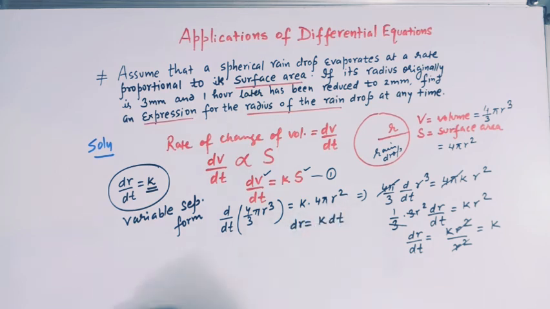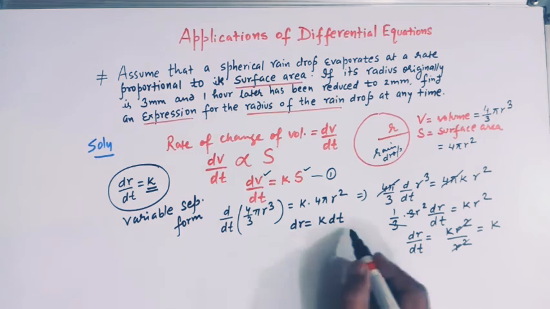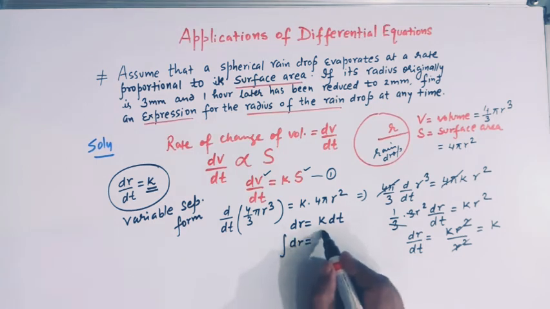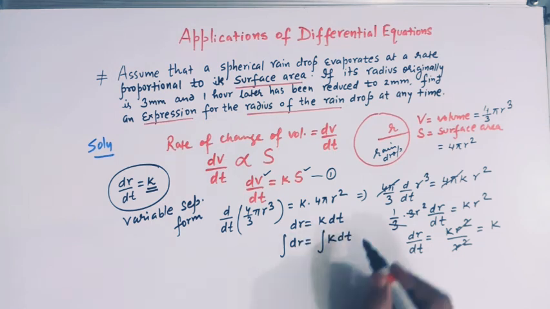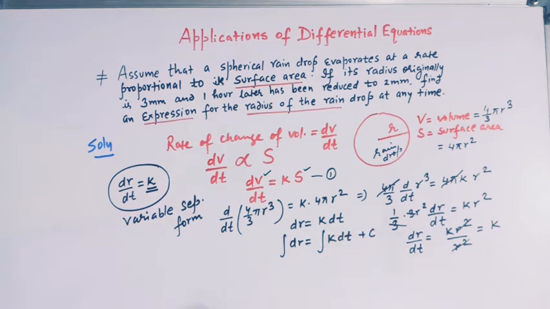Now integrating both sides, we have integral dr equals integral of k dt, and a constant of integration c. So integral dr is r, and here we have kt plus c. So this is the expression for the radius of the raindrop related to time: r is equal to kt plus c.